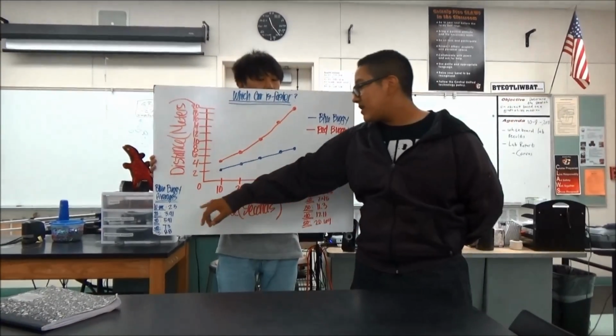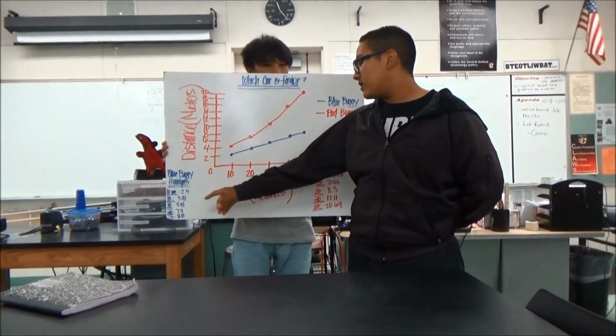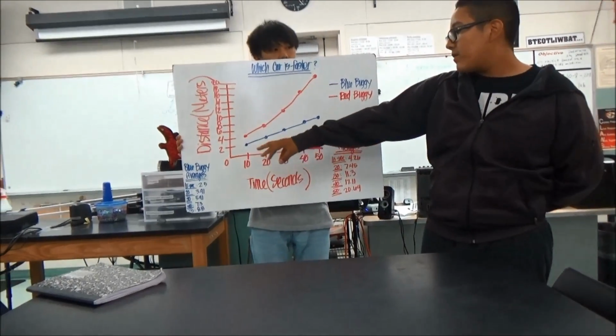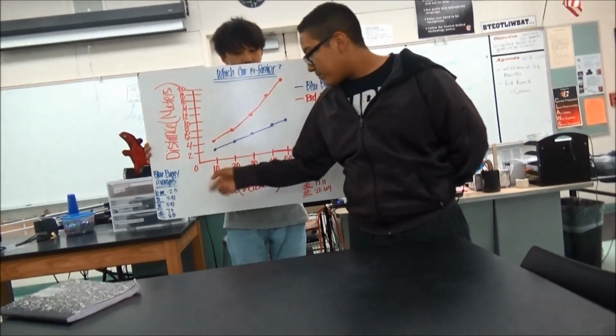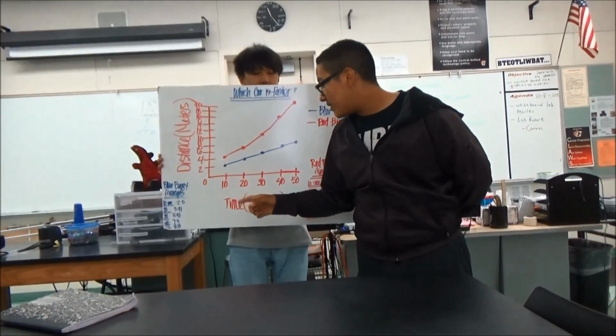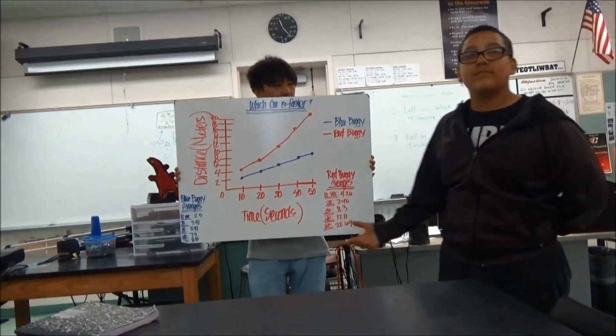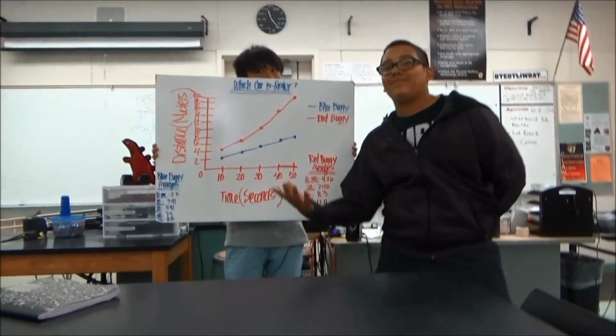And the blue buggy is 10 seconds 2.5, 20 seconds is 3.91, 30 seconds is 5.91, 40 seconds is 7.3, and 50 seconds is 8.8, and then pretty much.